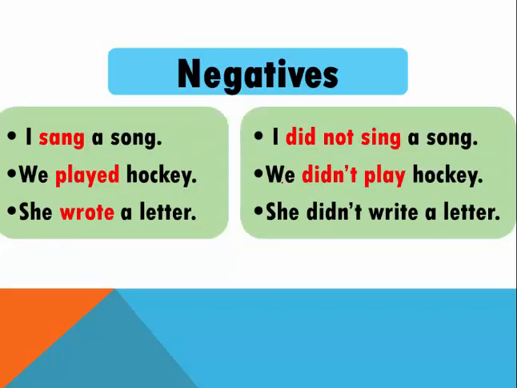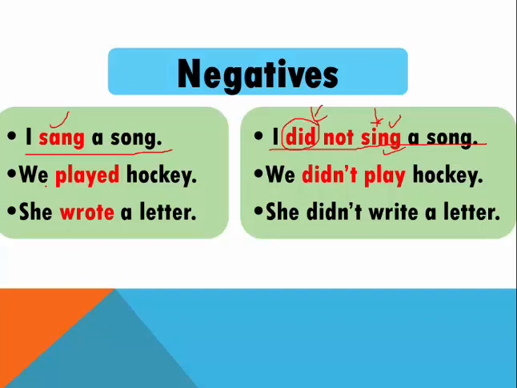Now, if you make it negative, these are the positive sentences. I sang a song. Here it's important: I didn't sing a song. It becomes sing from sang because we've already used one verb in the past form, the did. The main verb will now be in the first form only.